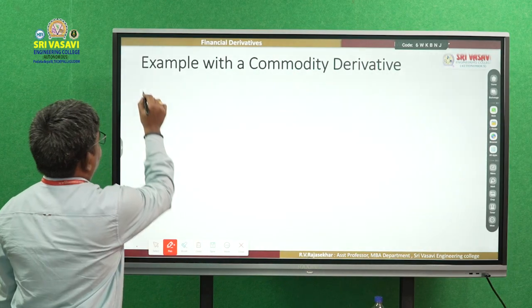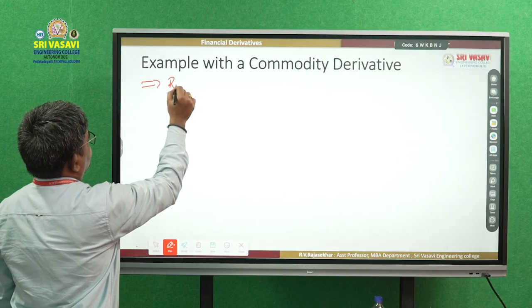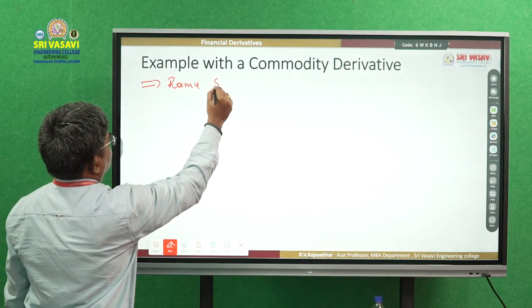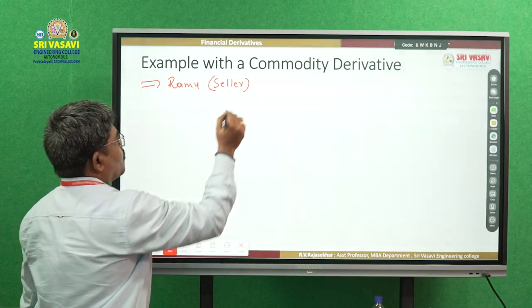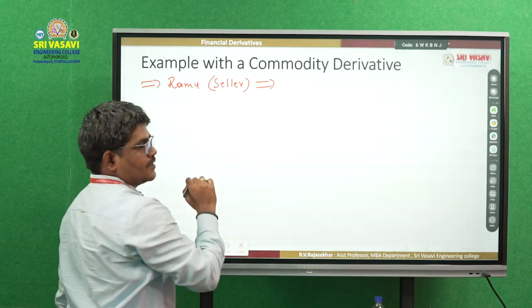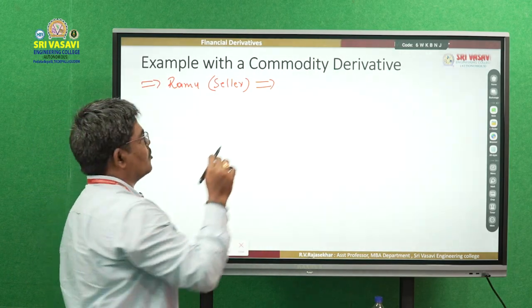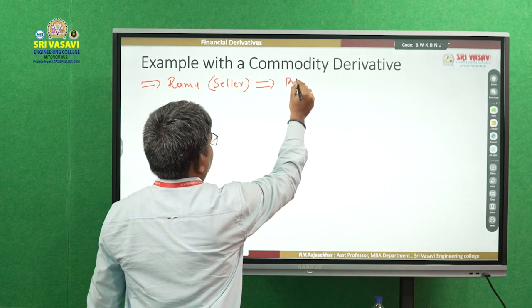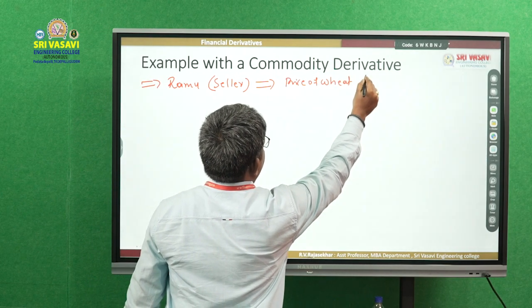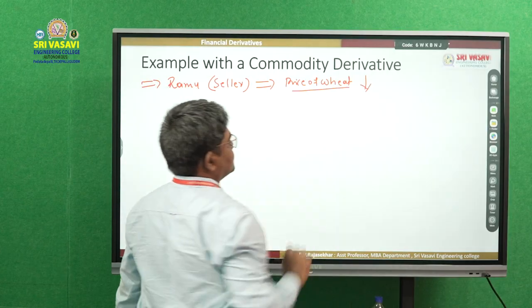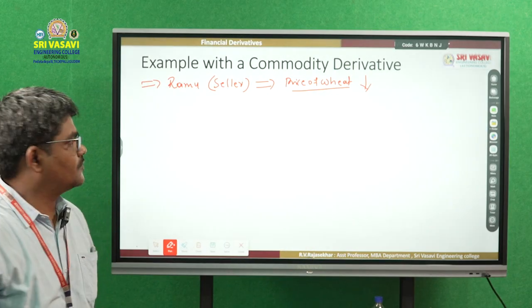Who is the first party? Ramu. Who is Ramu? Ramu is the seller. Now what is he going to estimate? He estimated that at the time of entering into a contract, the price of wheat may reduce.